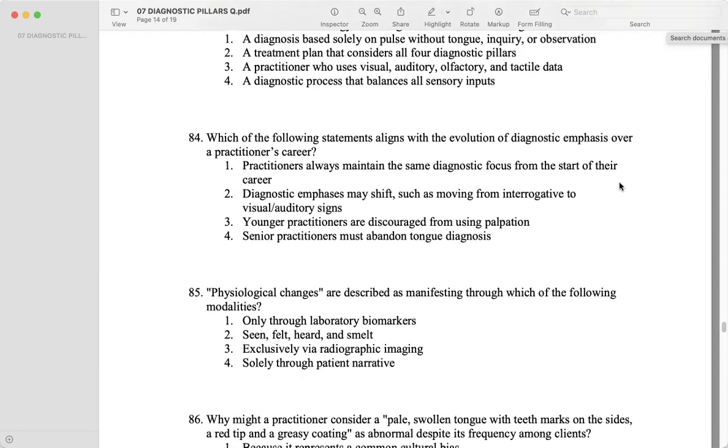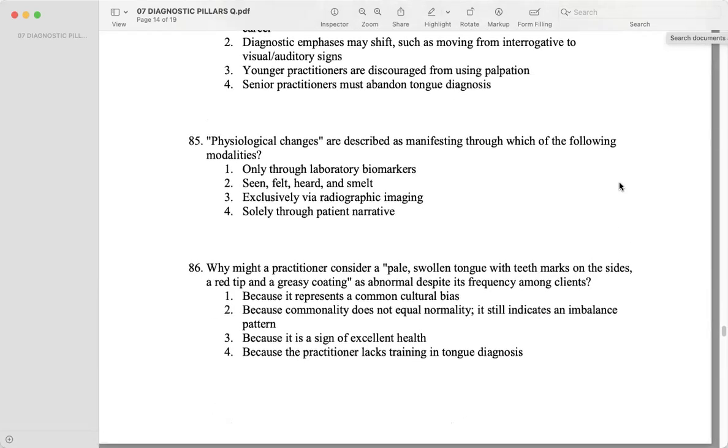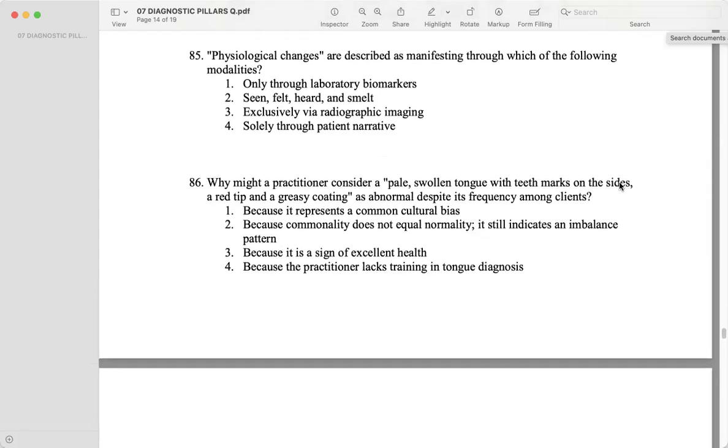Which of the following statements aligns with the evolution of diagnostic emphasis over a practitioner's career? Diagnostic emphasis may shift, such as moving from interrogative to visual and auditory signs. Physiological changes are described as manifesting through which of the following modalities?